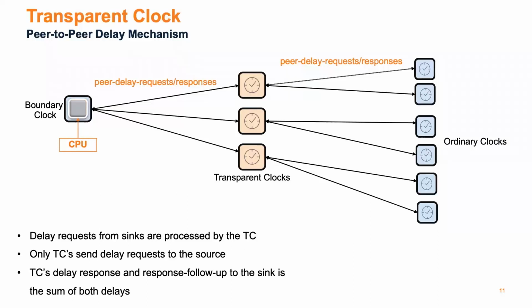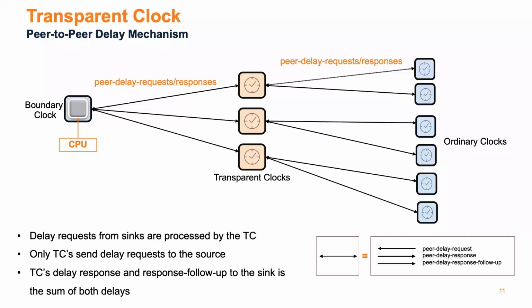One thing that needs to be taken into account is that if you're using a two-step mechanism for the whole PTP deployment, then these interactions that we're looking at here are actually a set of 3 packets each.